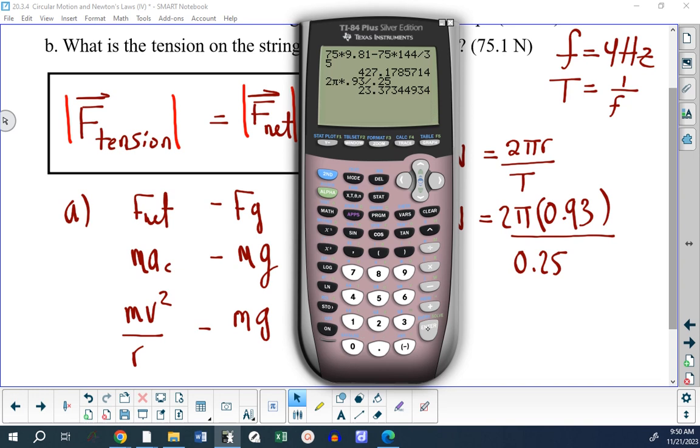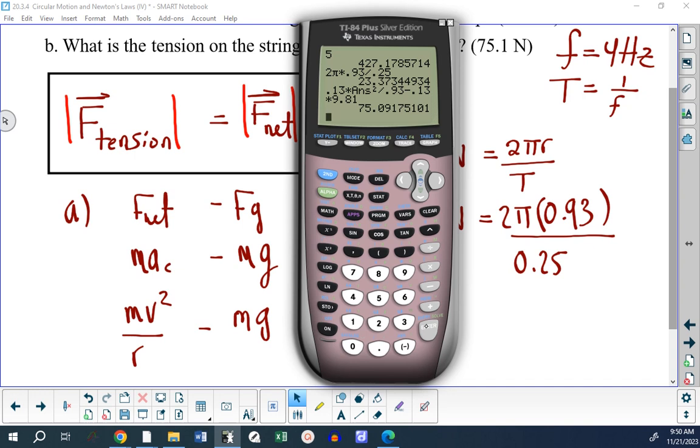Was it 130 grams? Is that what I saw? Which is 0.13 kilograms times this speed squared divided by the radius of 0.93 minus 0.13 kilograms multiplied by 9.81. So you get 75 newtons.